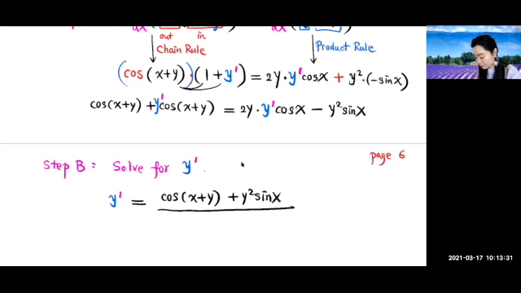So you have 2y cosine x minus cosine of x plus y. So we solve for y prime.